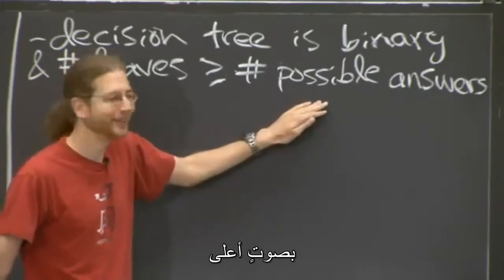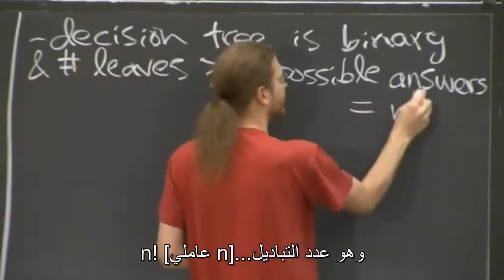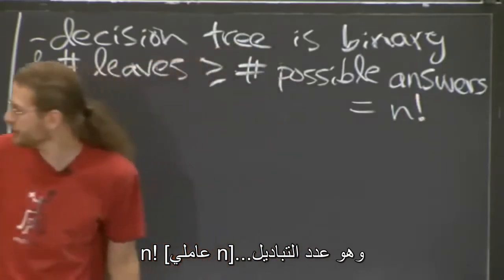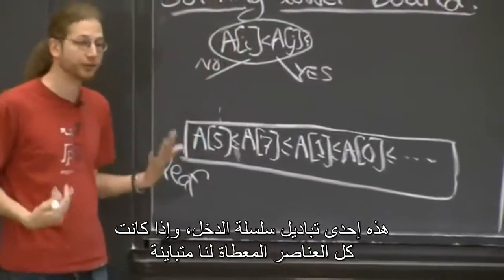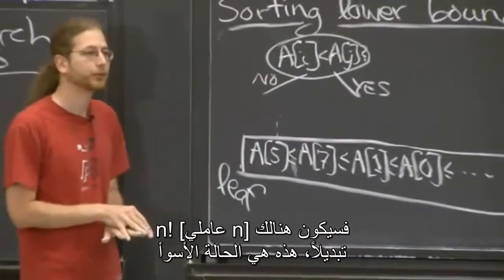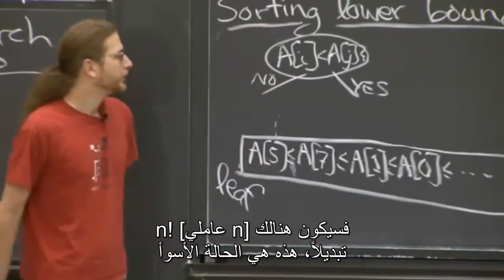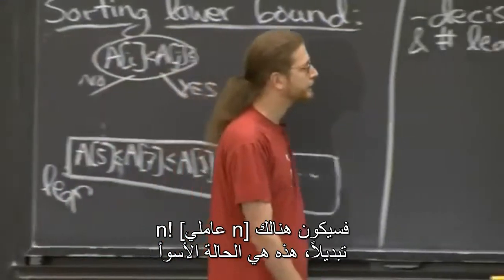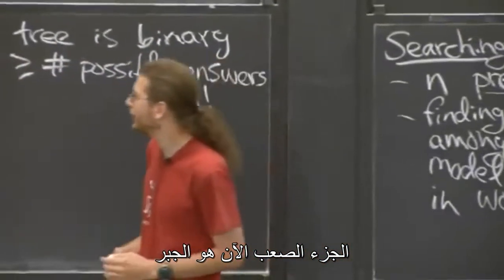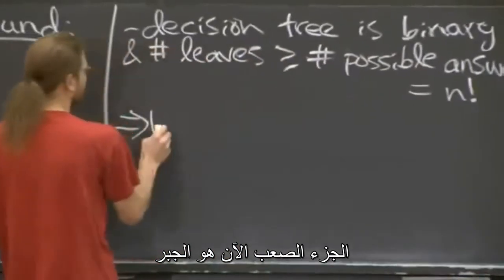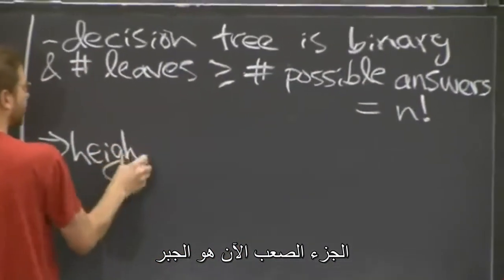And how many possible answers are there? N factorial. Right, the number of permutations. This is a permutation of the input sequence. And if all the items that you're given are distinct, there will be n factorial permutations of them. So that's the worst case. So n factorial. Now, the tricky part is the algebra.